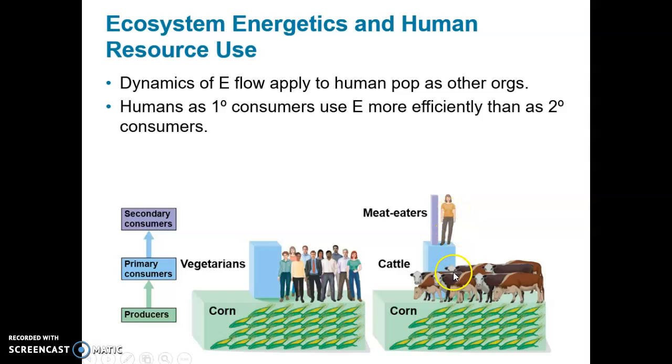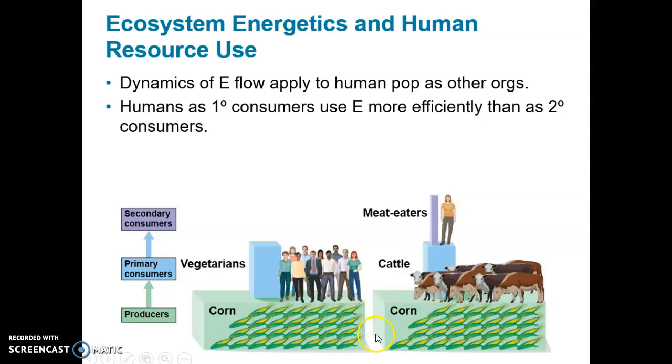Another way of looking at it is we have to grow, cultivate, right? In farms and such, a fair number of primary consumers. And in order to do that, we have to cultivate a huge amount of agricultural plants to feed the primary consumers in order to feed us.